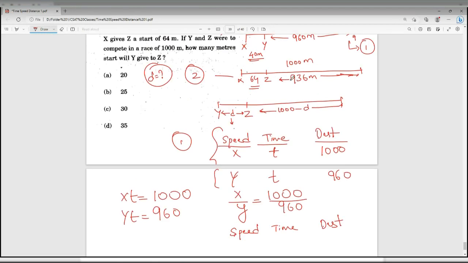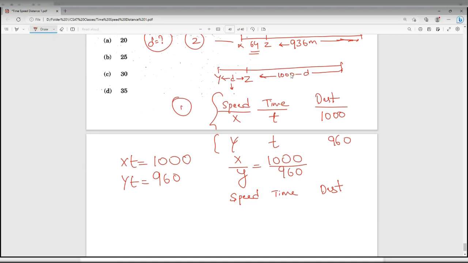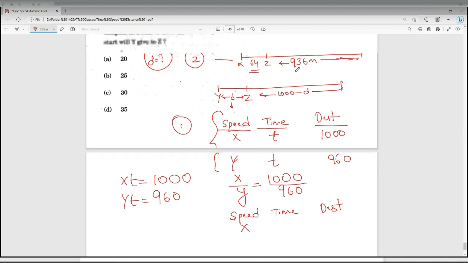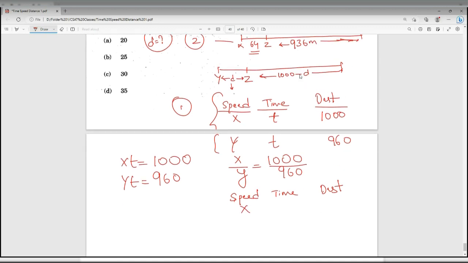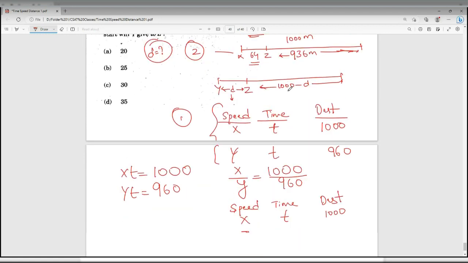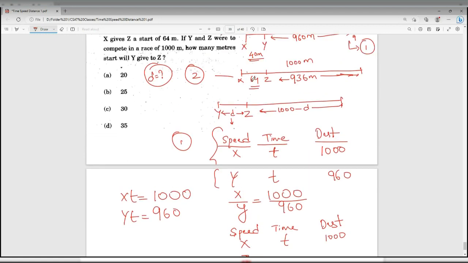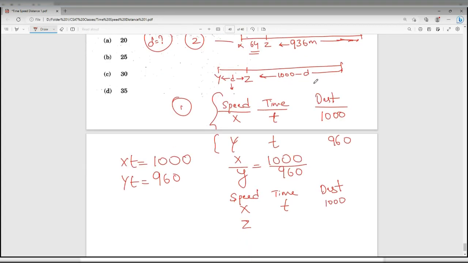Let the speed of X be X and time be T, and distance X is traveling is 1000, and then Z. They are saying X is giving a head start of 64 meters, so in the same time Z has to travel 936 meters.